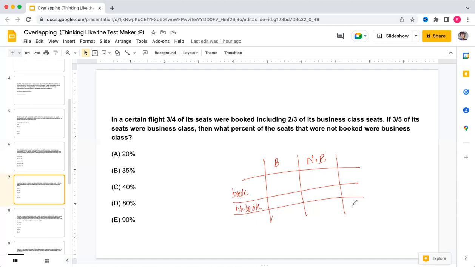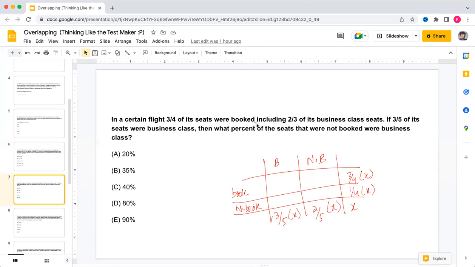So now if I call the total as X, let's read this. In the certain flight, 3/4 of its seats were booked. So 3/4 of its total seats were booked. That means 1/4 of its seats were not booked. And 3/5 of its seats were business class. So 3/5 of its seats were business and 2/5 of its seats were not business.